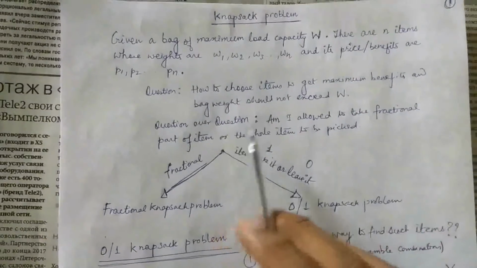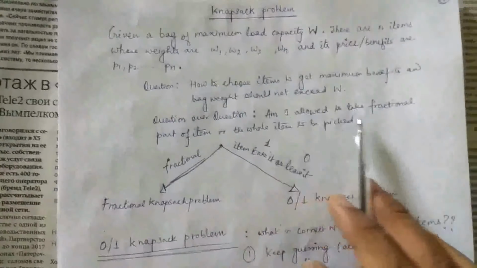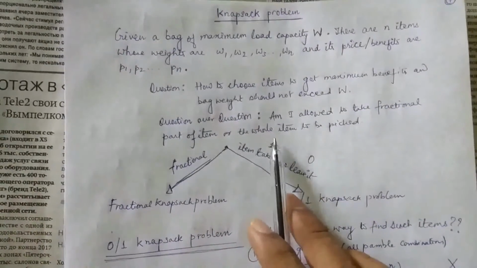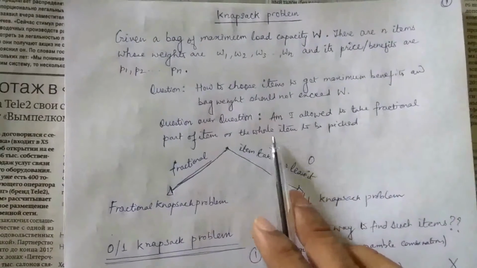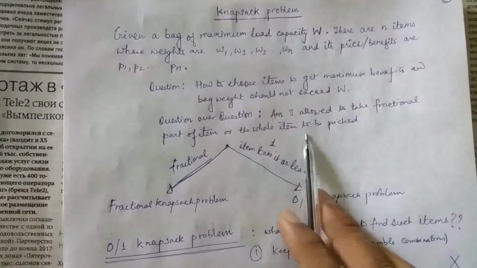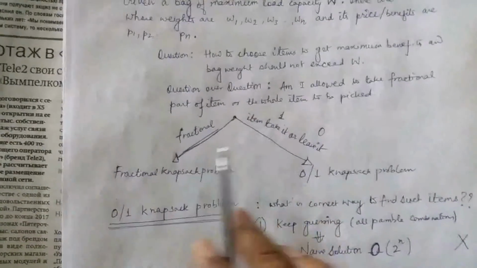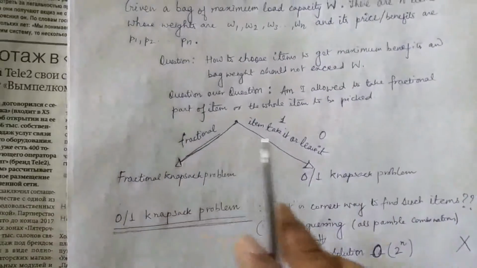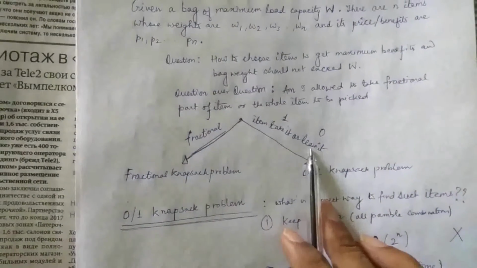Now for this question of how to choose, we have another question: are we allowed to take a fractional part of an item, or do we have to take the full item? There are two types. In the first, we can take the fractional part of an item, and in the other, either we take it or we leave it.